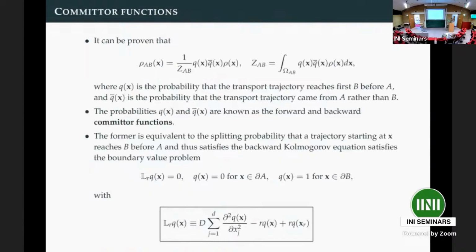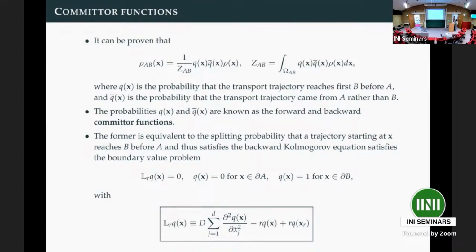It can be proven, and I hate saying that in lectures because it's not trivial, that you can relate the ensemble density of direct paths to a point X in terms of what are called committor functions. And this is the guts of the theory. What are the committor functions?